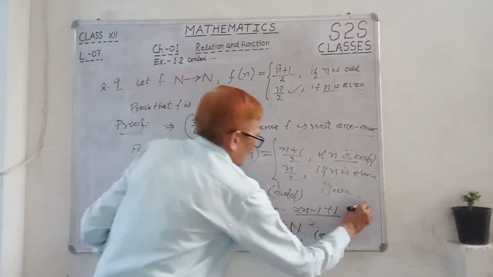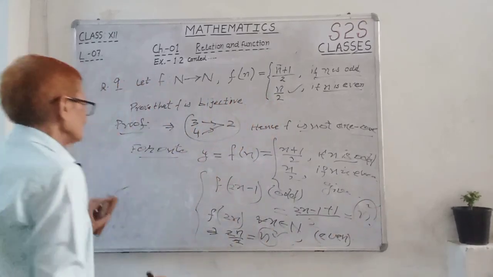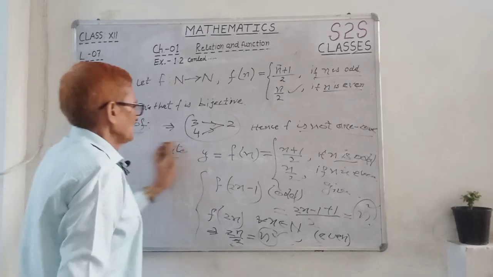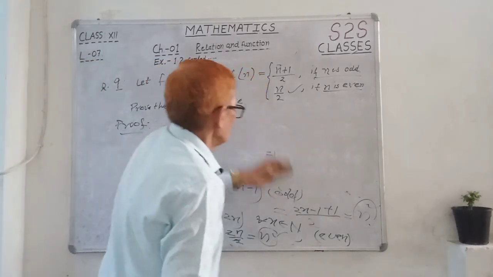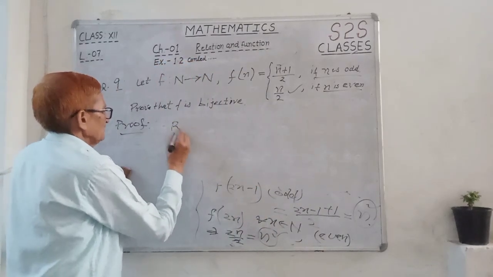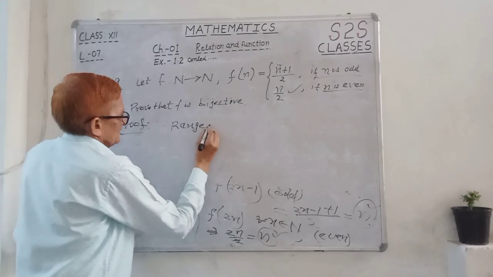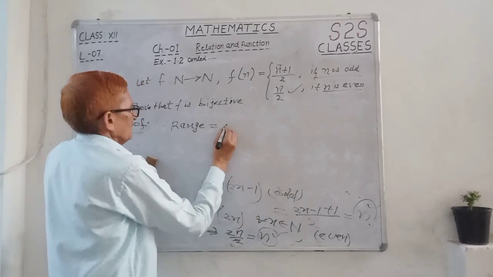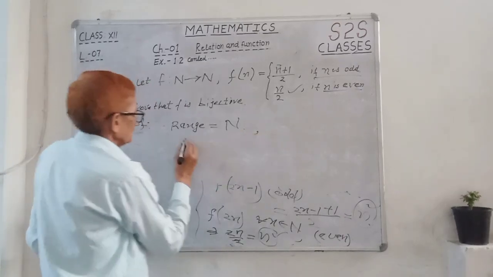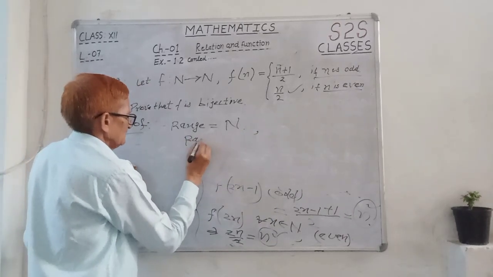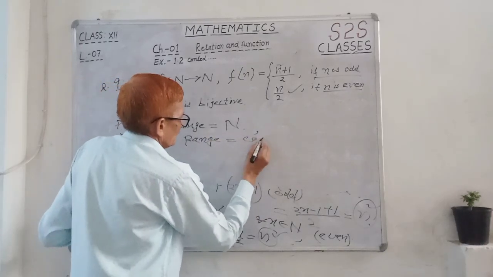So here we get n also, then the union of both cases gives all natural numbers. So f is onto, the output range set is equal to the natural number set. The codomain is also natural numbers, so range is equal to codomain.